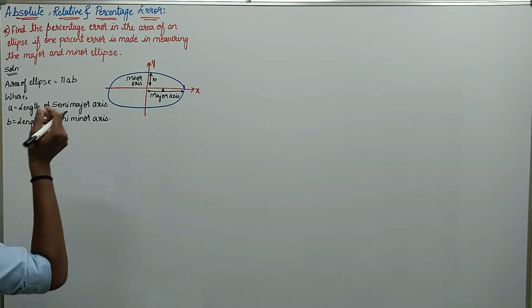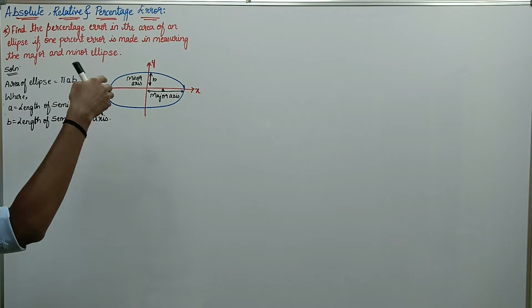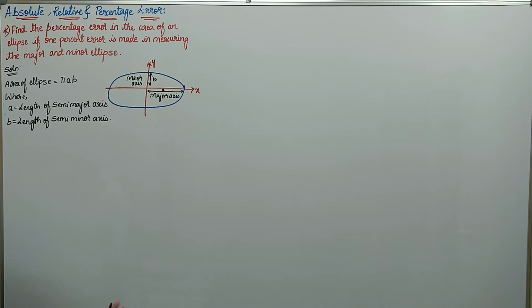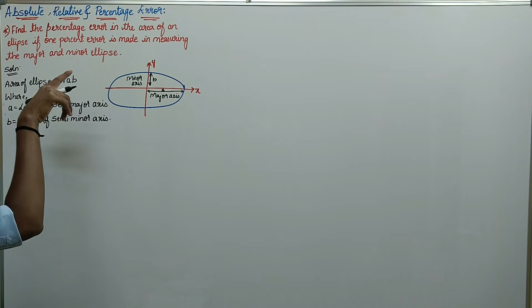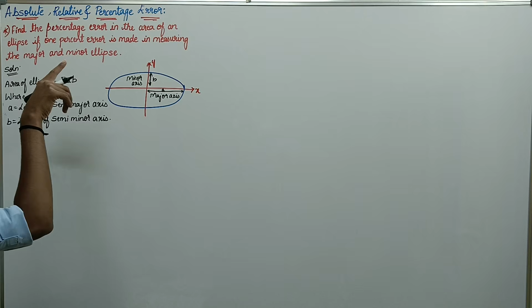Now, what they asked is to find the percentage error. To find the percentage error, we need the relative error. So they have said 1% error is made in measuring the semi major and semi minor axis.